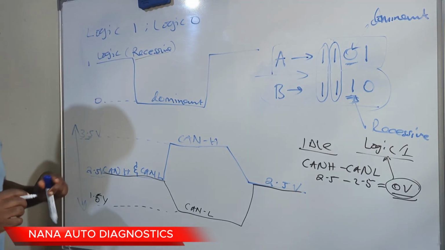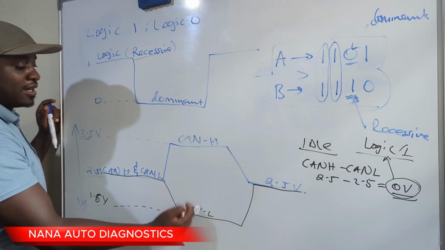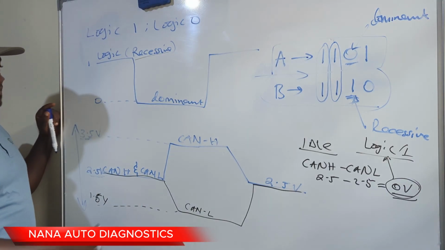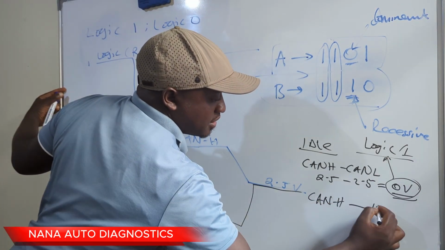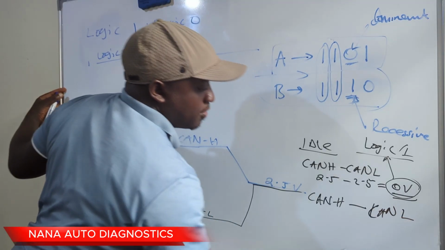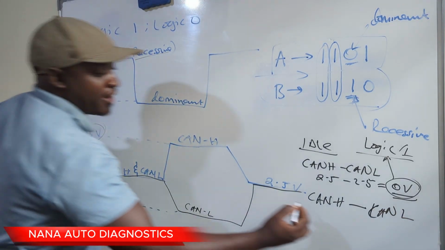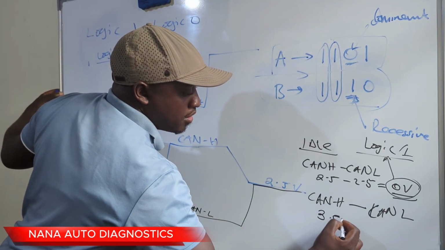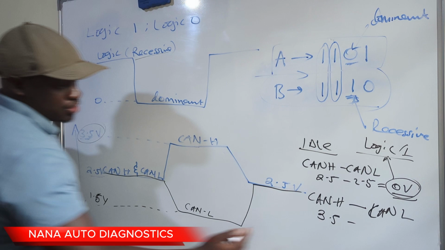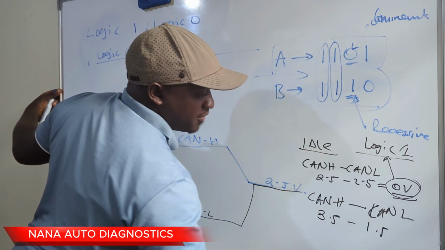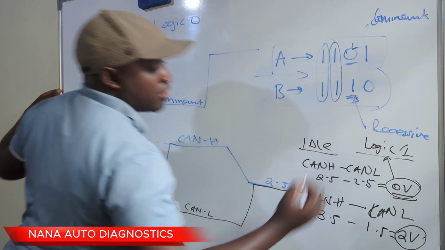On the other hand, when the bus is active, CAN high sits at a voltage of 3.5 and CAN low sits at a voltage of 1.5. This will be equivalent to a difference of 2 volts.